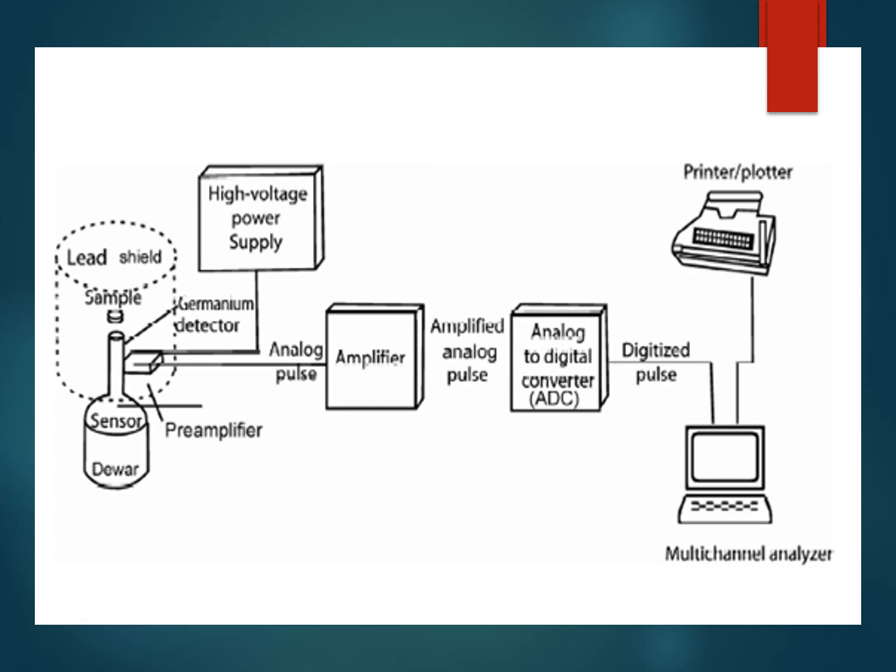So the analog to digital converter will convert the analog signals into digital ones. Then the digitalized pulse is moved on towards the computer, and the computer will interpret those signals in the form of a graph, and then the printer will print that graph on paper.